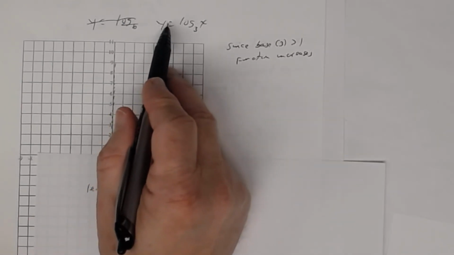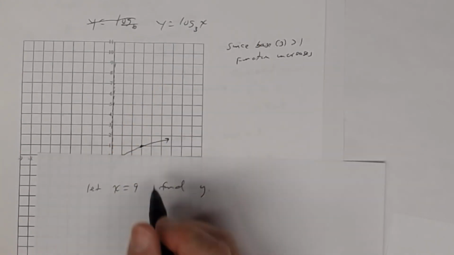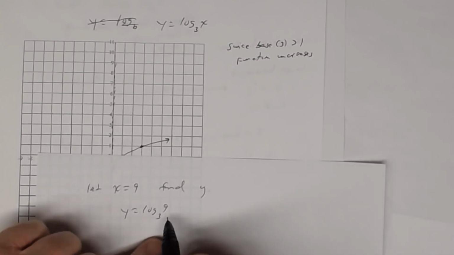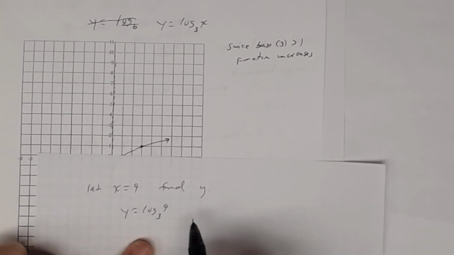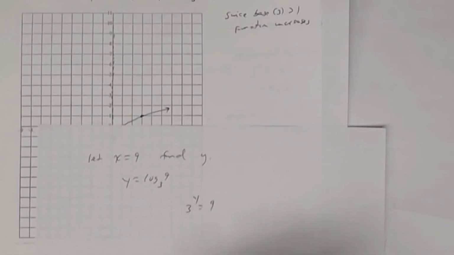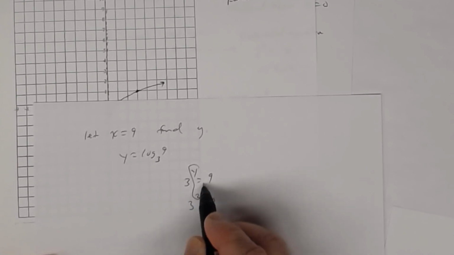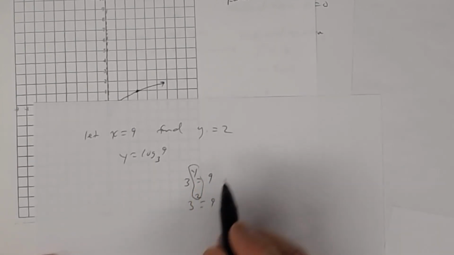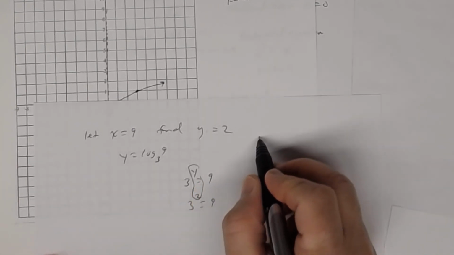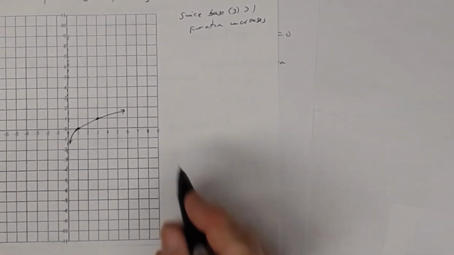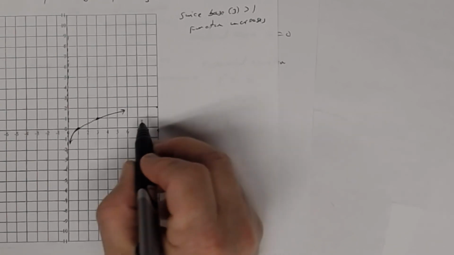We have y equals the log of 9 base 3. Okay? Well, what that means is this. 3 to what power equals 9? 3 squared is 9, right? So y equals 2. So what you found is another point, (9, 2). Right here, you would get another point, (9, 2).